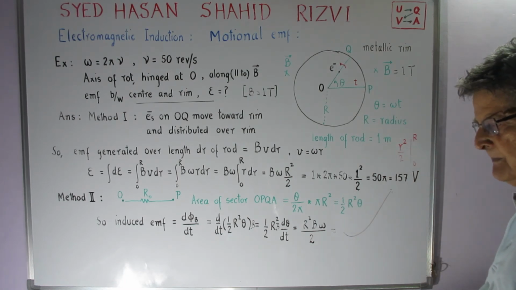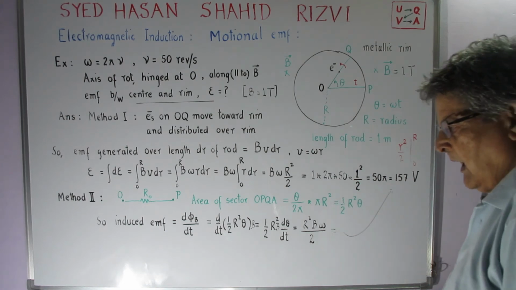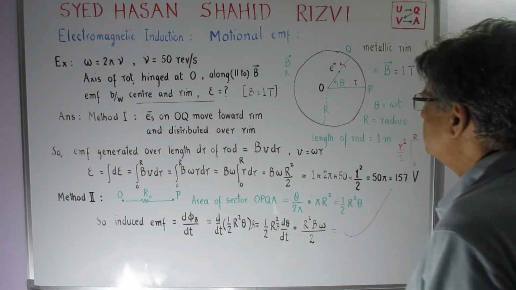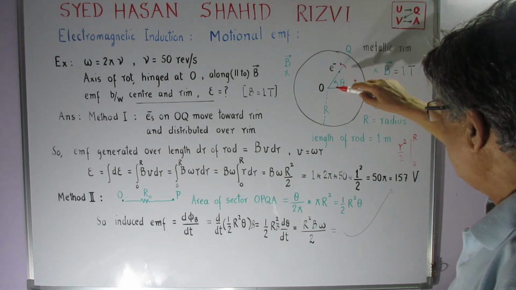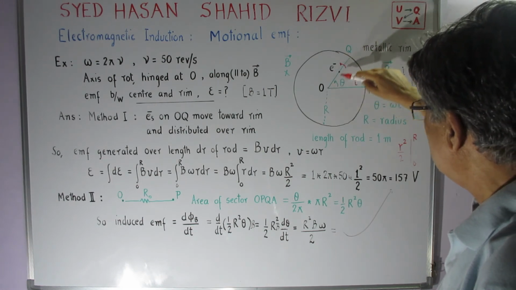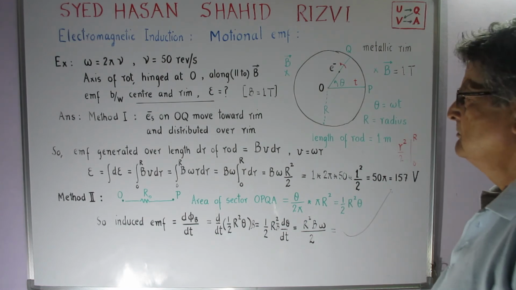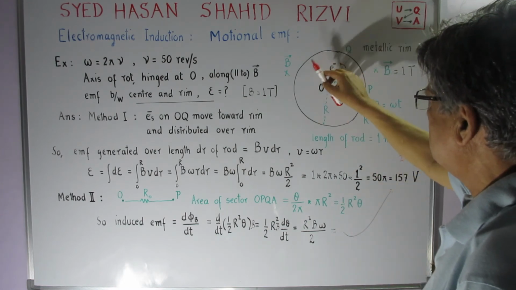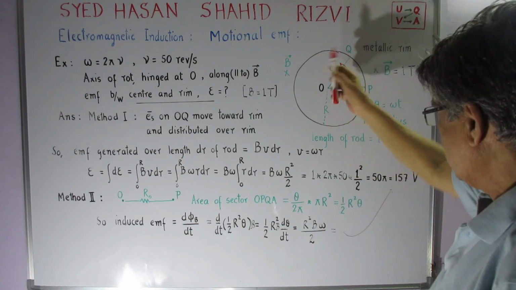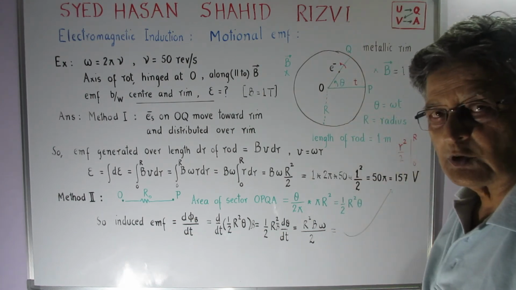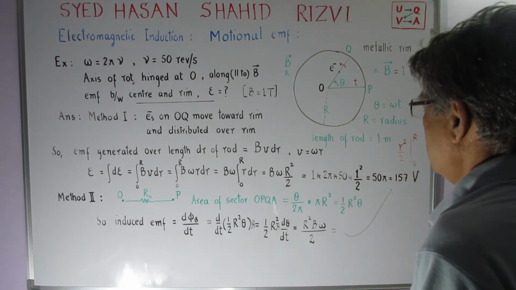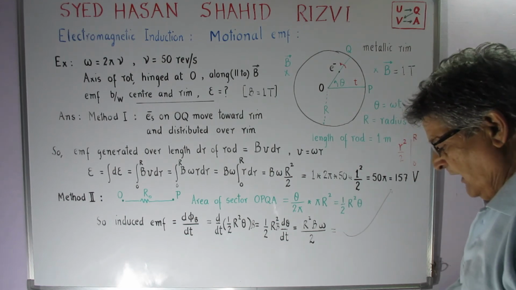Now you may ask, and sometimes there is a question, that instead of a single spoke, let the bicycle have umpteen, a large number of spokes, and let them be rotated. What will happen to the EMF?